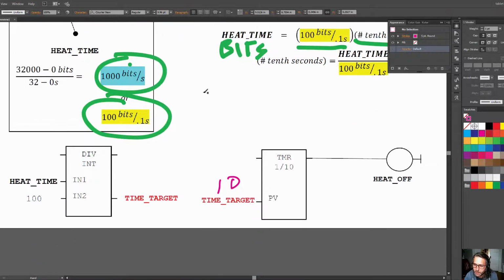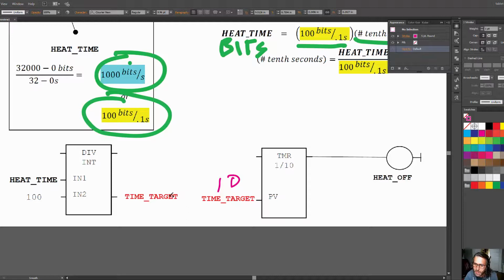So all of that means that we need to have an intermediate step for the timer, and that is a divide step. So we're going to take the heat time, which is in bits, because all our analog variables that are coming from in or out are in bits, and we have to divide that by 100, and that's going to give us a time target.